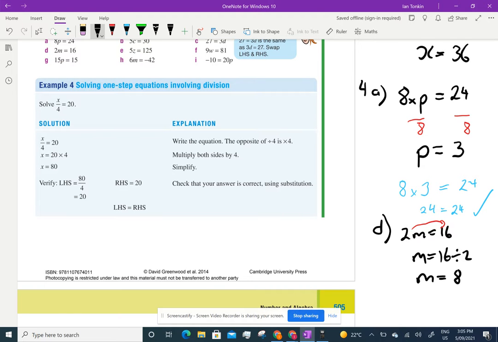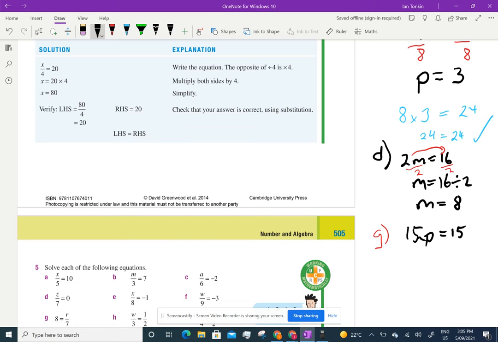It's the same thing as dividing by 2 and dividing by 2. The last one, G, 15p equals 15. All right, remember there's a multiplication sign there. I'm going to divide by 15, which will take it off. Divide by 15, which leaves me with the p and 1.